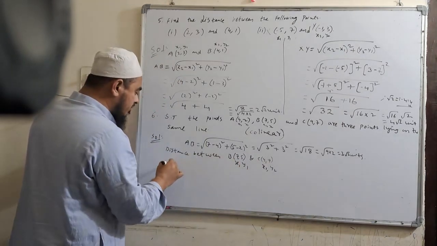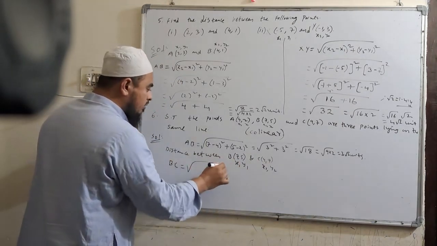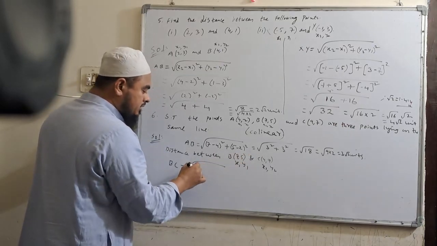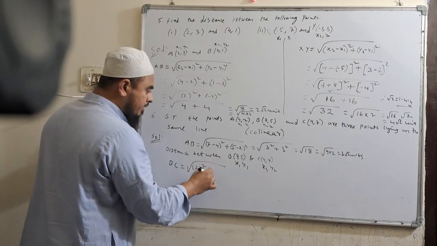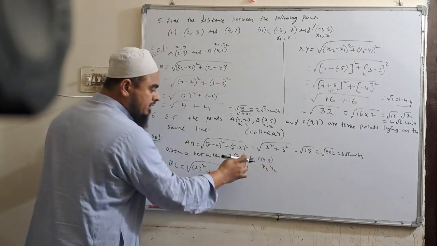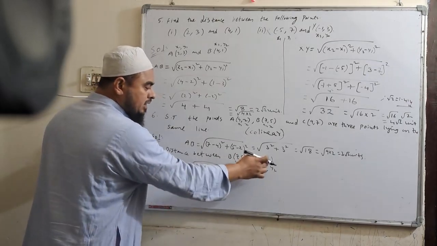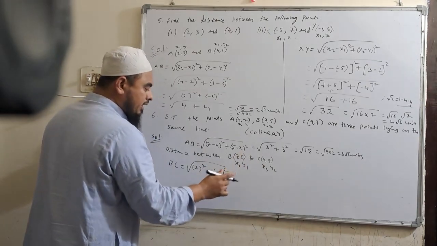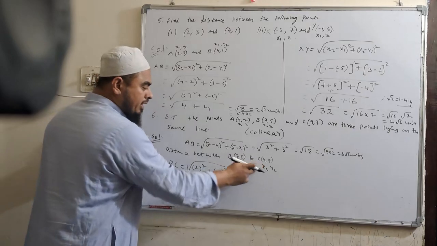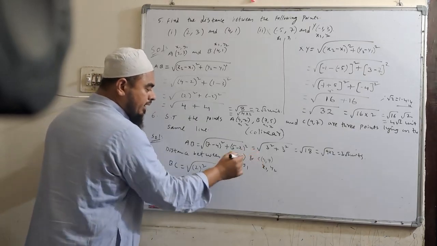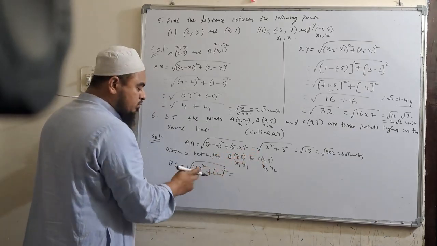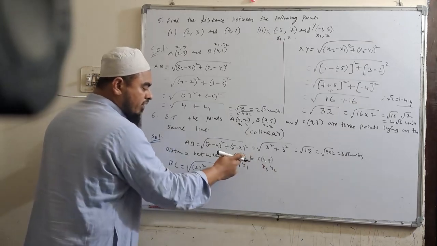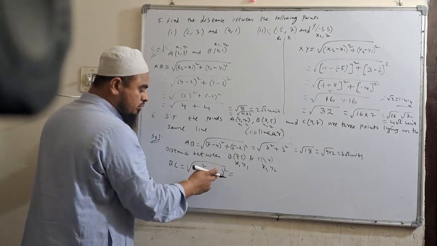Now the distance BC is square root of x2 minus x1, 9 minus 7, which is 2 square, plus y2 minus y1, 7 minus 5, which is 2 square.